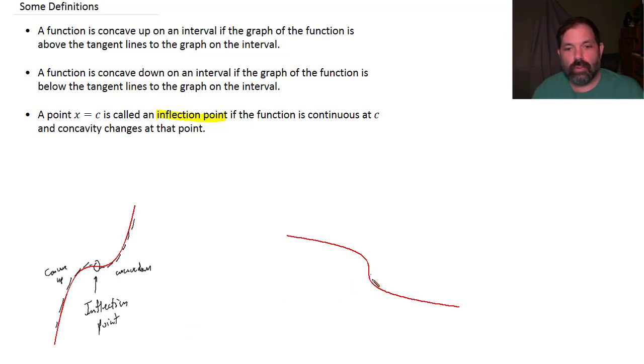Again, this curve over here, there appears to be an inflection point. Right about there maybe. Somewhere in there, there's an inflection point. Okay, so notice if we break up the curve over this interval, to the left of that inflection point, here the curve is concave down.